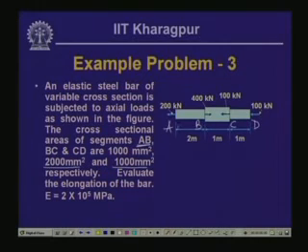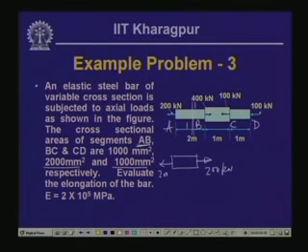Now, if we take the free body of the different parts of this particular bar, then we can find out the amount of force that each segment is subjected to. Let us take a section somewhere here, let us call it section 1-1, and if we take the free body of this particular segment, it is subjected to a pull here of 200 kilonewton, and as we have seen in the free body in our module 1, the opposing force also will be 200 kilonewton.